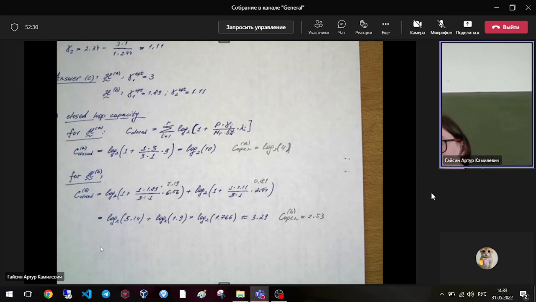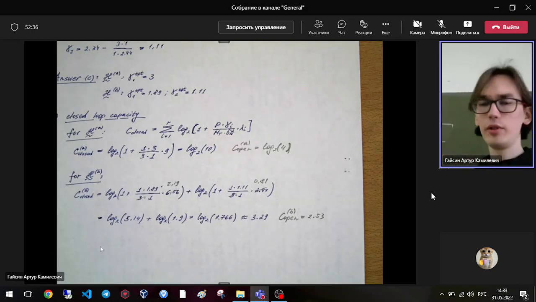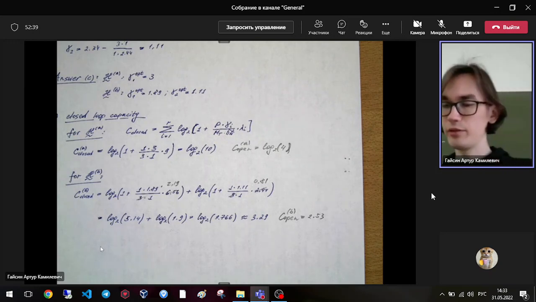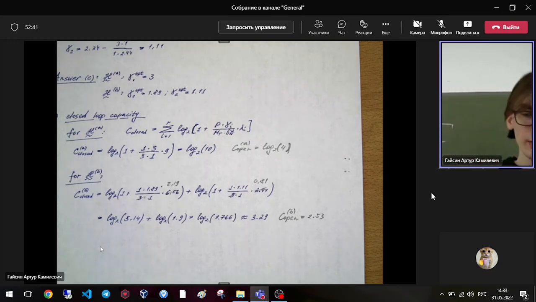If we consider, I think it is all because of this dominant eigenmode transmission. So if we find this thing in our lectures, as I remember, we use dominant eigenmode transmission when we know channel state information.